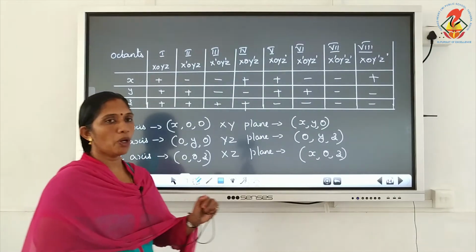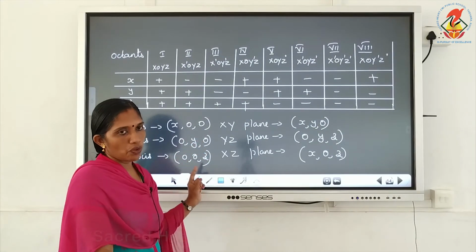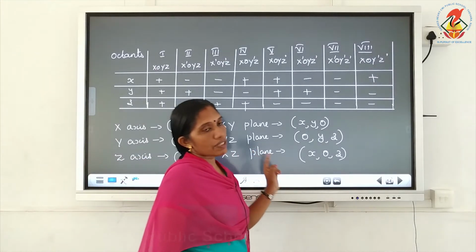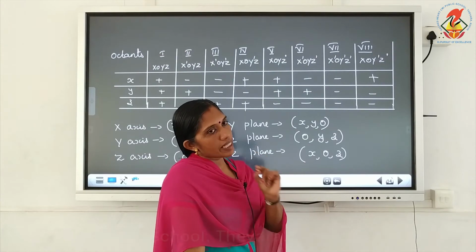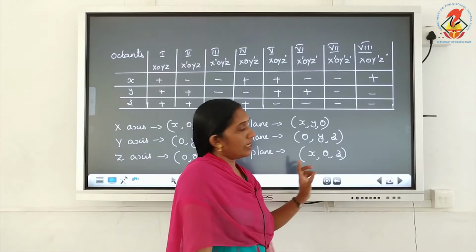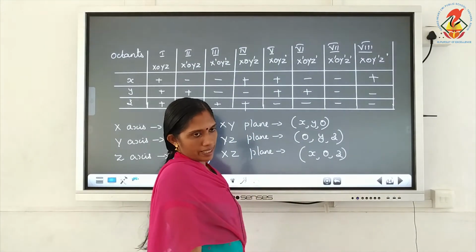Okay. So any point on the x-axis is of the form x 0 0, y-axis 0 y 0, z-axis 0 0 z. Any point on the xy plane is x y 0, yz plane is 0 y comma z, and xz plane x comma 0 comma z.